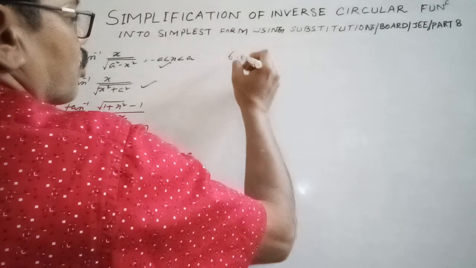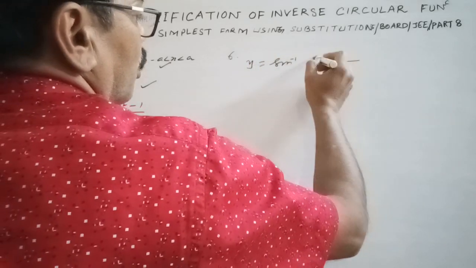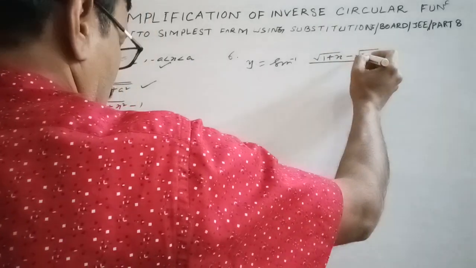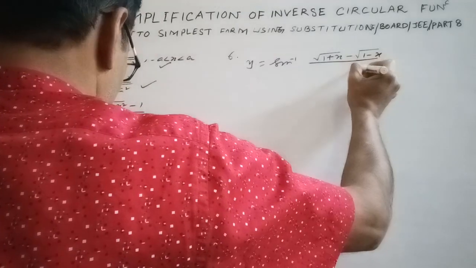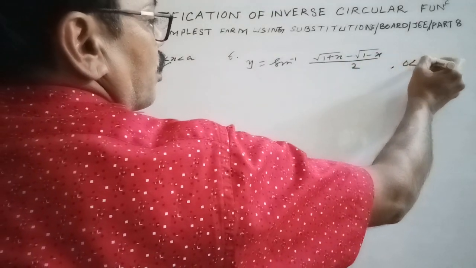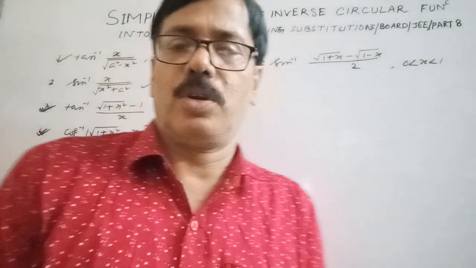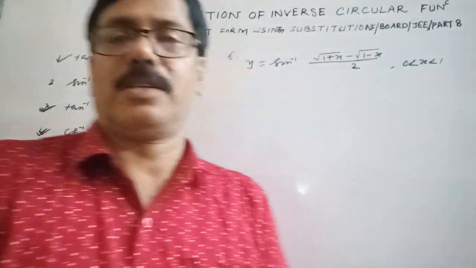Problem number 6. y equals sin inverse of root 1 plus x minus root 1 minus x over 2. There is a restriction: 0 less than x less than 1. So look, 1 plus x and 1 minus x, both are present.